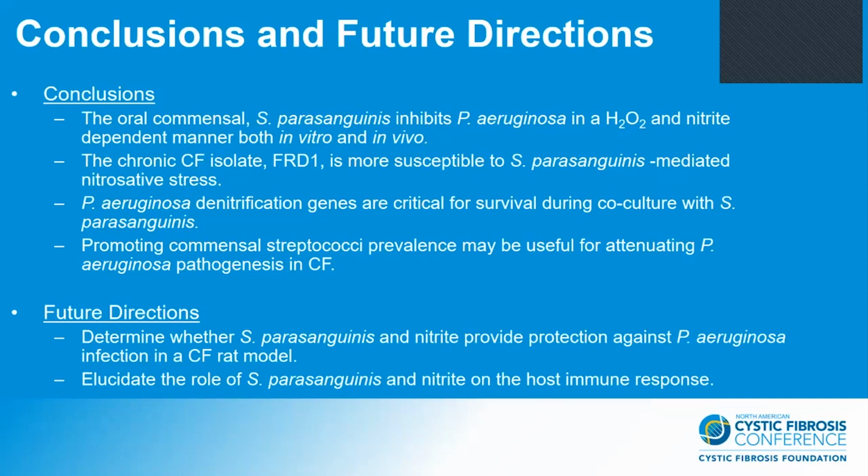And so currently we have developed a co-infection model of Pseudomonas and Strep parasanguinis using a CF rat model to determine, can parasanguinis and nitrite provide protection against Pseudomonas in this model? And how does that impact the inflammatory response?